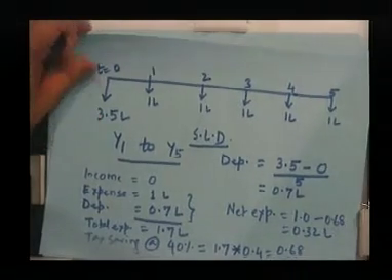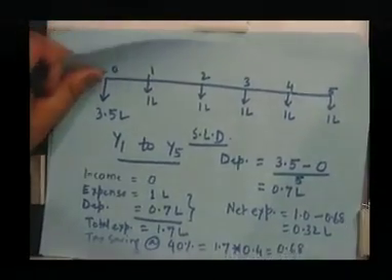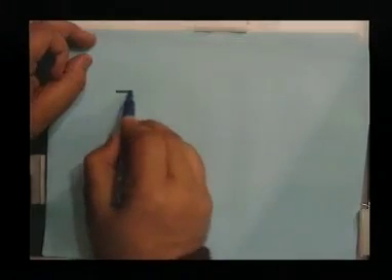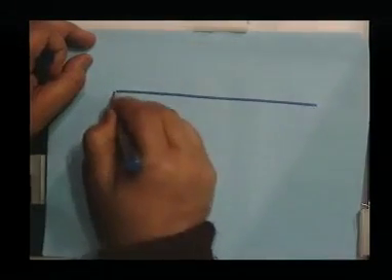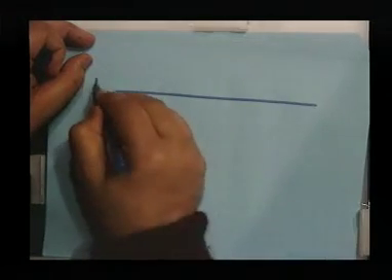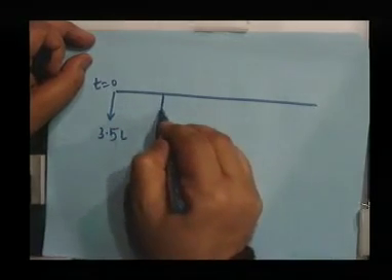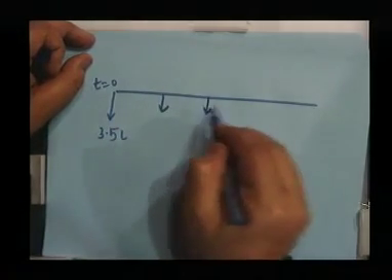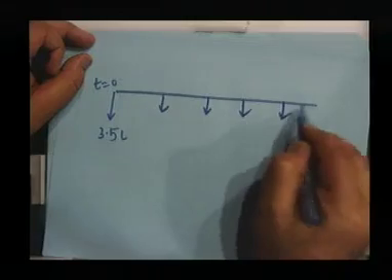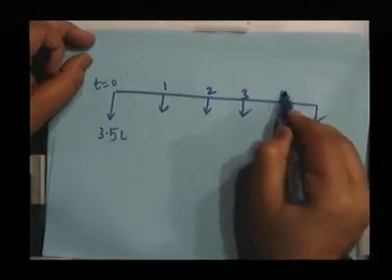So, if I draw the cash flow diagram post tax consideration, how it would look like? 3.5 lakhs as before, that you have to pay right at time t is equal to 0. Year 1, year 2, year 3, year 4 and year 5. 1, 2, 3, 4 and 5.